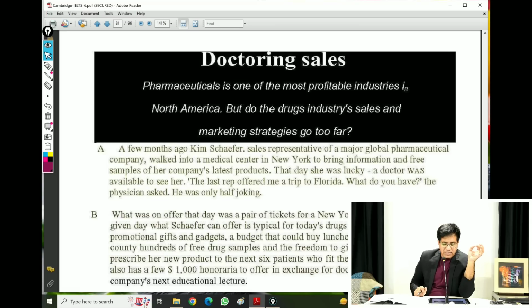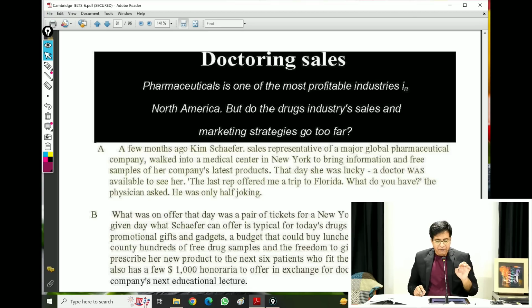But do the drugs industry's sales and marketing strategies go too far? What does it mean? They will talk about their sales and marketing strategies. And the subject is pharmaceutical companies. So what are we going to read? We are going to read the sales and marketing strategies of pharmaceutical companies and doctoring sales.